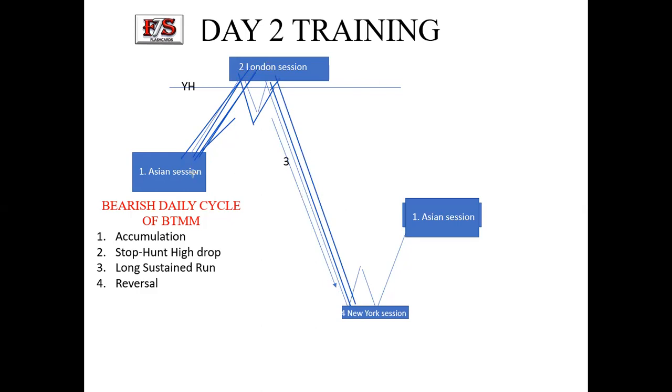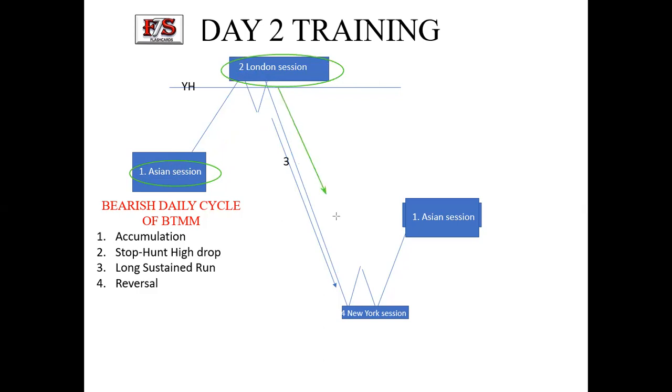In ICT they call it accumulation, manipulation, and what? Distribution. ICT calls it like that. Why BTM call it consolidation, right? Sorry. BTM call it consolidation, stop hunting, long steron.